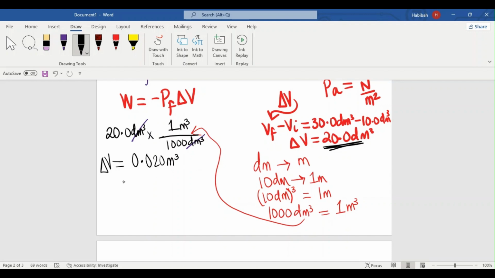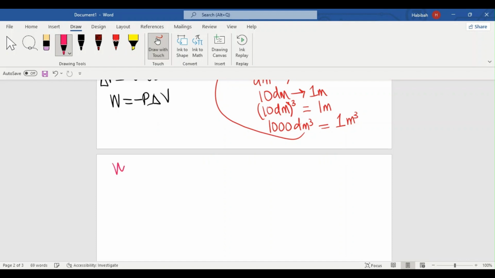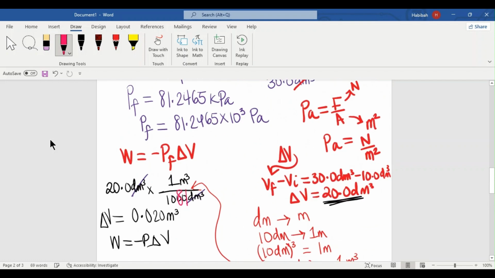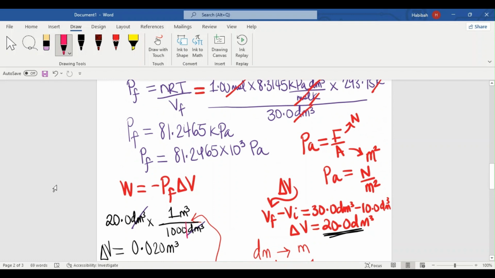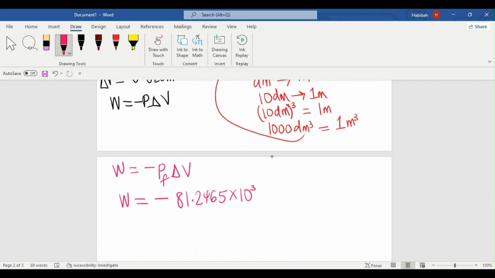So hence, work done, that we know to be negative P final times change in V. So work done equals negative 81.2465 times 10 to the power 3 Newton per meter squared.